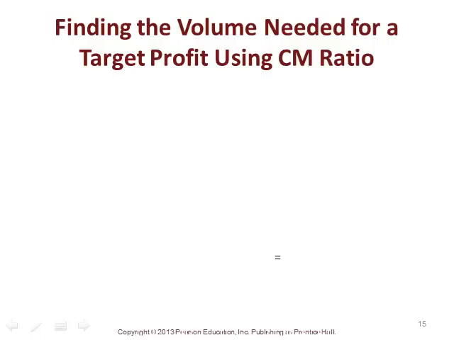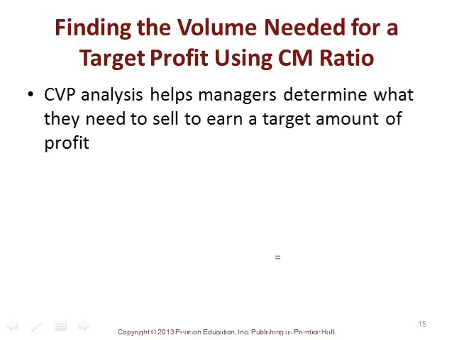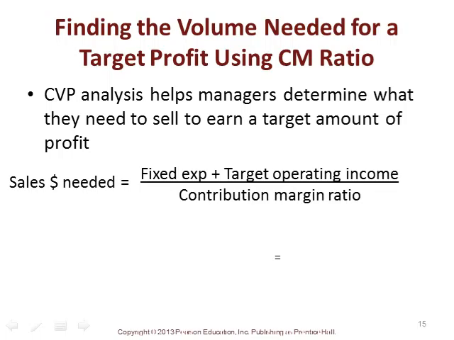So let's do the same thing now, finding the volume needed for target profit using the contribution margin ratio. So now we're not talking units, we're talking sales dollars. So CVP analysis helps us to determine what we need to sell to earn a target amount of profit. And our formula, if you recall, is sales dollars needed is equal to the same fixed expenses plus the same target operating income, but divided by the contribution margin ratio, not the contribution margin per unit.